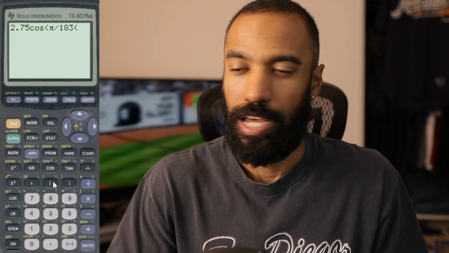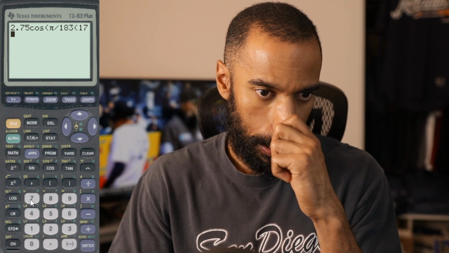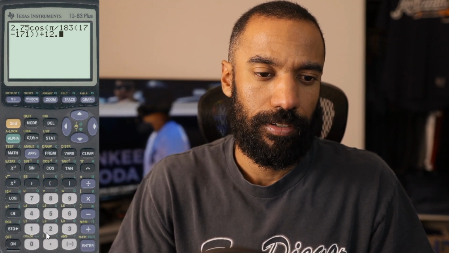So I'm going to do 2.75 times the cosine of pi over 183 times, by the way, I need to be in radians now. Times 117 minus 171 plus 12.25.